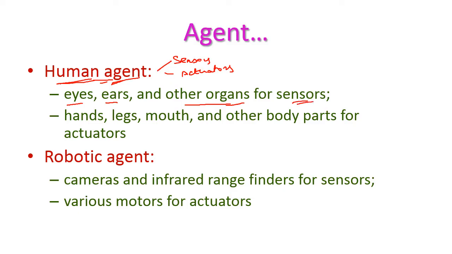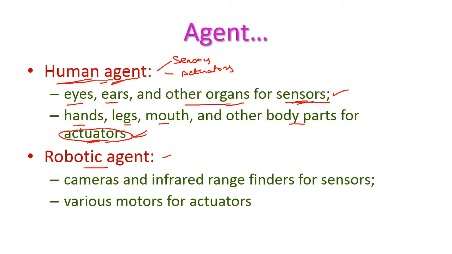And actuators are those by which it does some work on the environment: legs, hands, mouth and other body parts, which are used to do some action on the environment. So sensors are used to observe the environment, actuators are used to do the action on the environment.